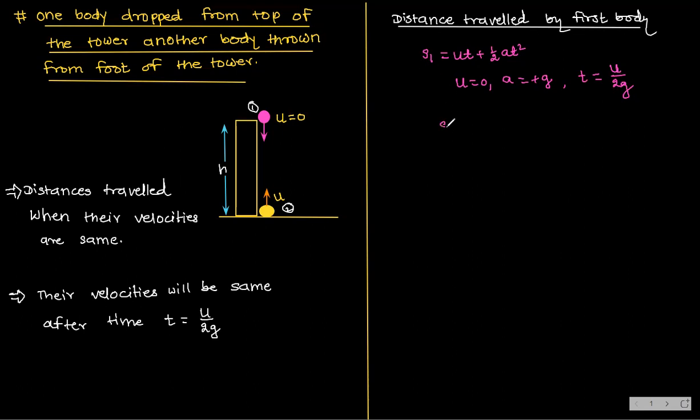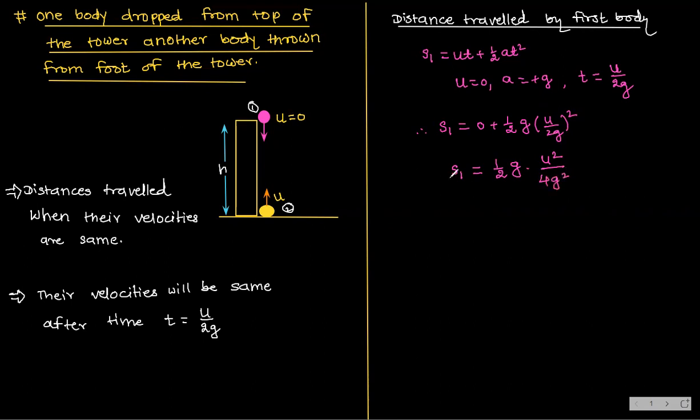Now let's substitute. S1 is equal to, u is 0, right? So 0 plus half into g. In place of this t square, I am substituting u by 2g whole square. Now what are we getting for S1? Half g, and this is u square by 4g square.